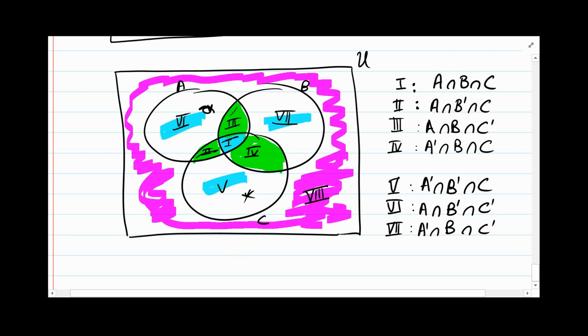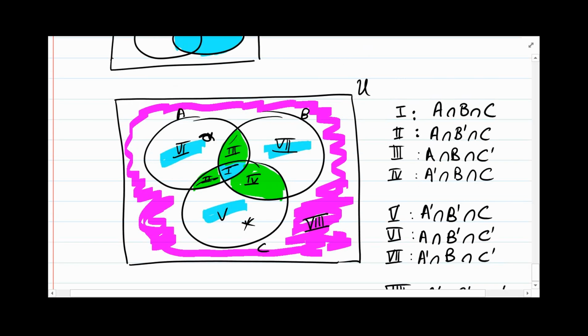And then finally, on the exterior of all of them, we have region 8, which can actually be written as, what do we have? I'm not in A, and I'm not in B, and I'm not in C. Okay, so this is a simple way of writing separate or single regions on a Venn diagram.